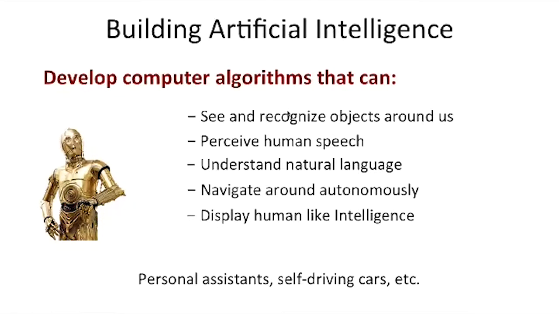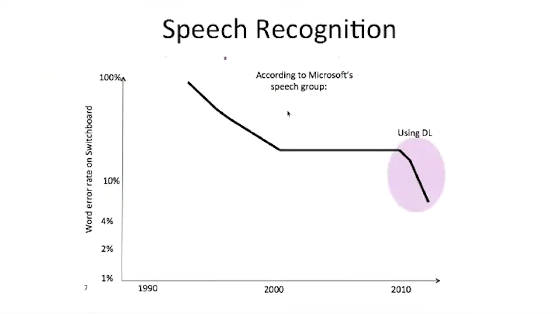Now, here's an example of the speech recognition technology. This is an example that was provided to us by our friends at Microsoft. Back in the 1980s, speech recognition had been steadily improving up until about 2000. On the y-axis, you're looking at word error rate on a particular data set.